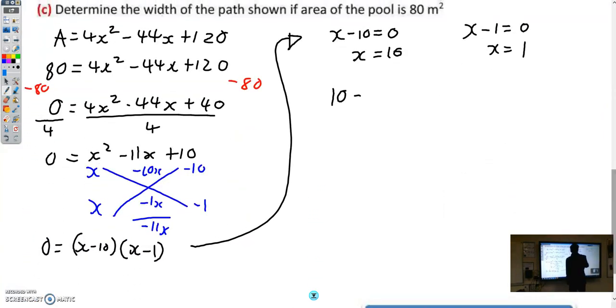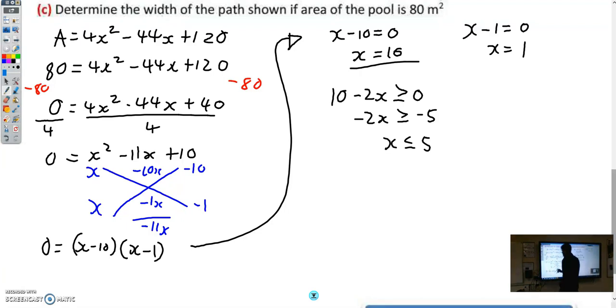If 10 take away 2x must be greater than or equal to 0, negative 2x must be greater than or equal to negative 10, and x must be less than or equal to 5. If x is any greater than 5, then 10 take away 2x will be less than 0, and we cannot have that. Because x must be less than 5, that rules out x equals 10 as a solution.